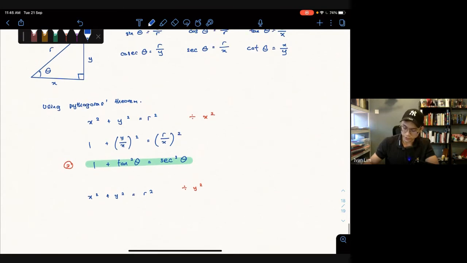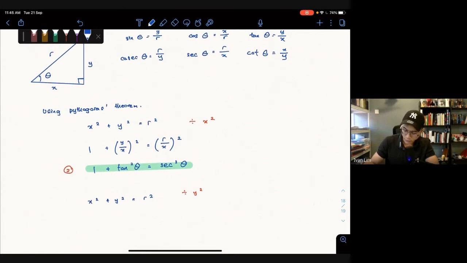So you divide it by y squared. The first term will be x over y, squared. y squared divided by y squared will be 1. r squared divided by y squared will be r over y, squared. So go and see what x over y is.